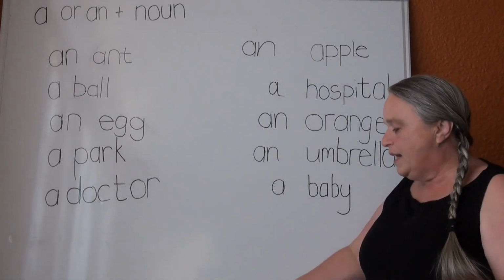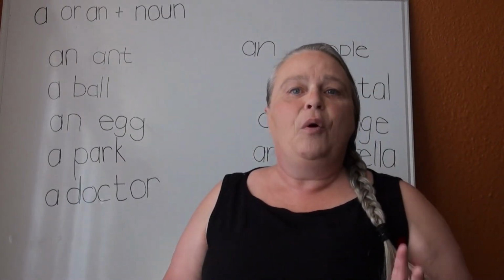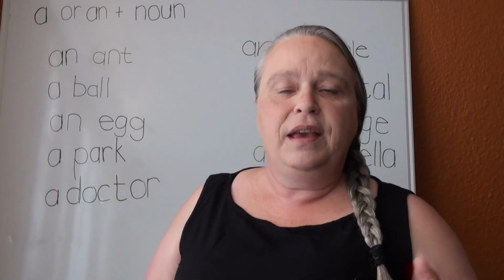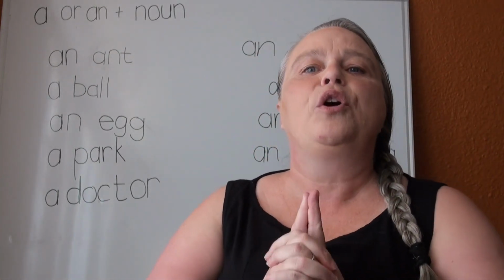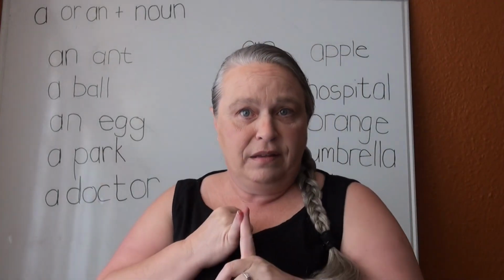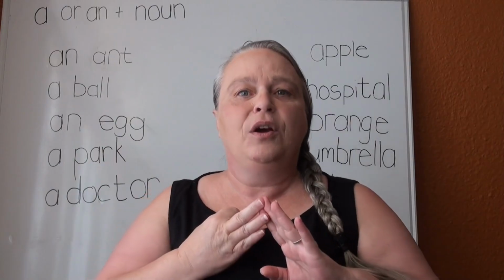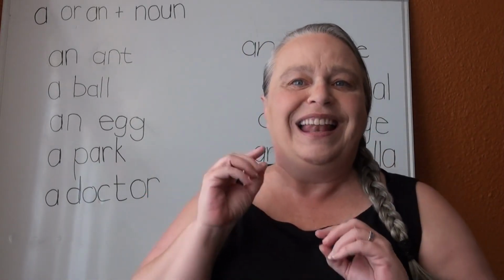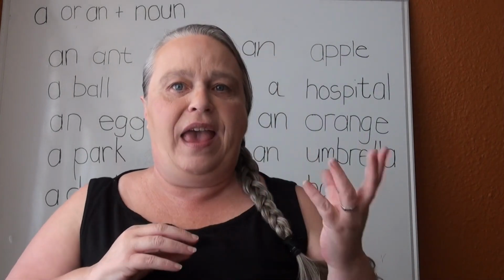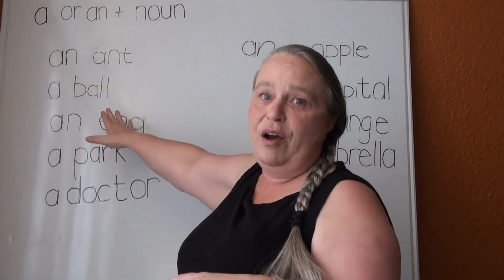Now, I hope that helps you today with recognizing when we use a and an with a singular noun, when there is only one thing, one person, one place, or one animal. When there's only one noun, we use a or an in front of the noun.